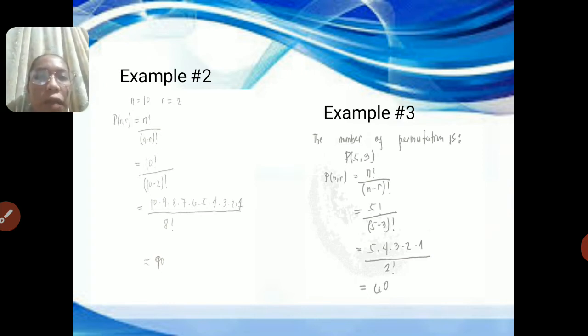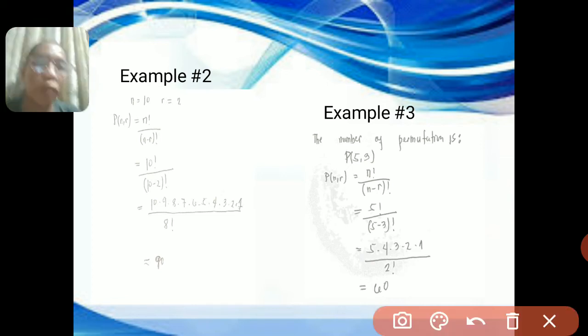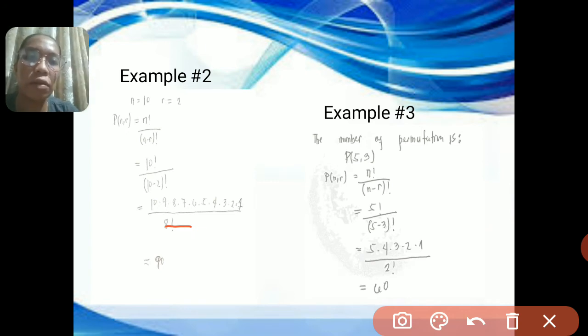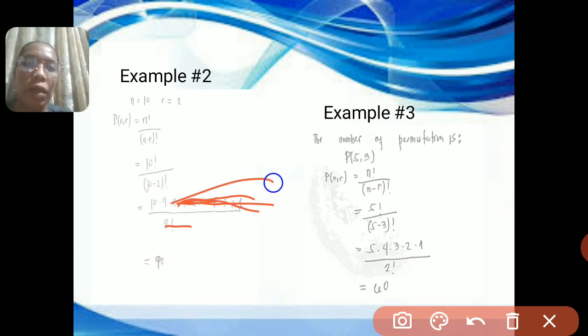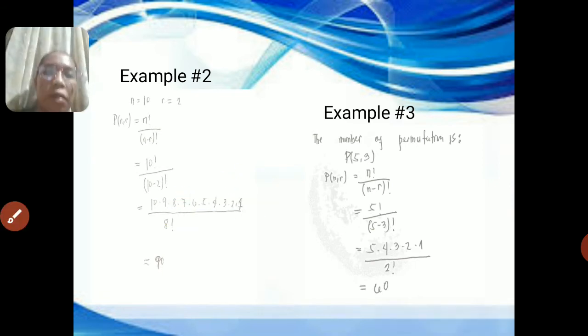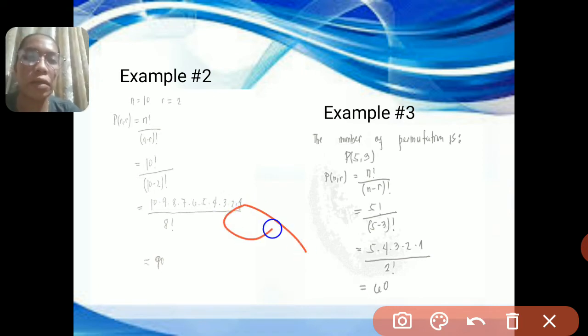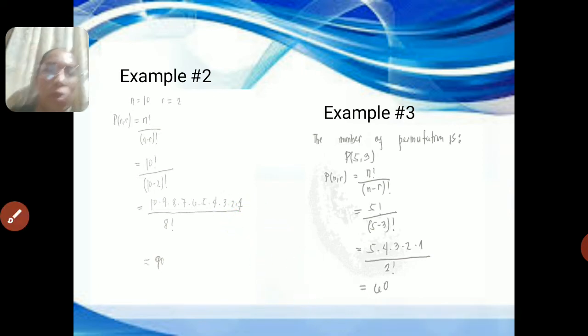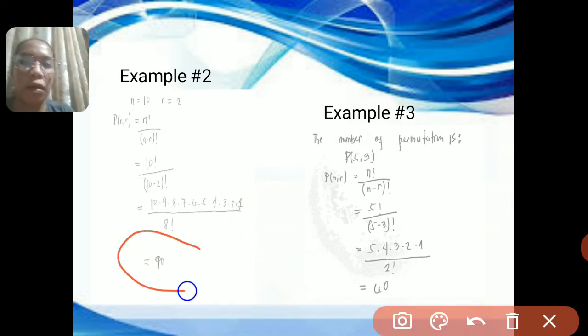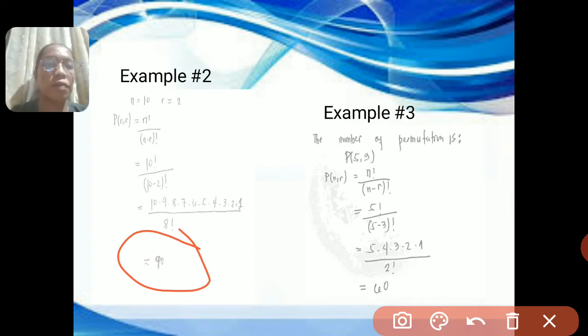And the answer of 10 minus 2 equals 8 factorial. So we need to cross out the 8 factorial. So what is left is 10 times 9, which equals 90. So 90 is the answer.